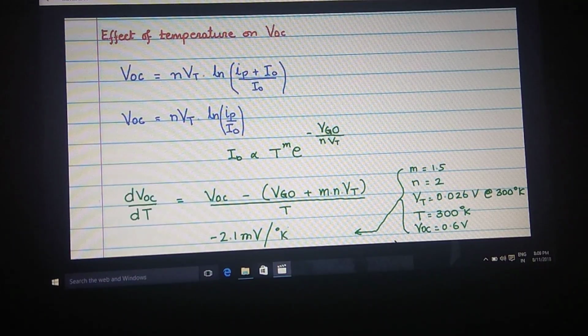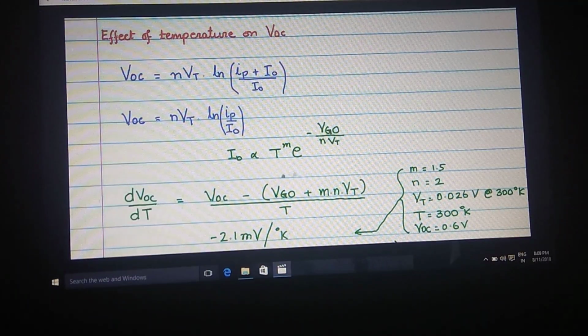What it means is that for every cell PN junction, the variation of the open circuit voltage VOC with temperature is minus 2.1 millivolt per degree Kelvin. 1 degree centigrade rise in temperature will make VOC fall by 2.1 millivolt.